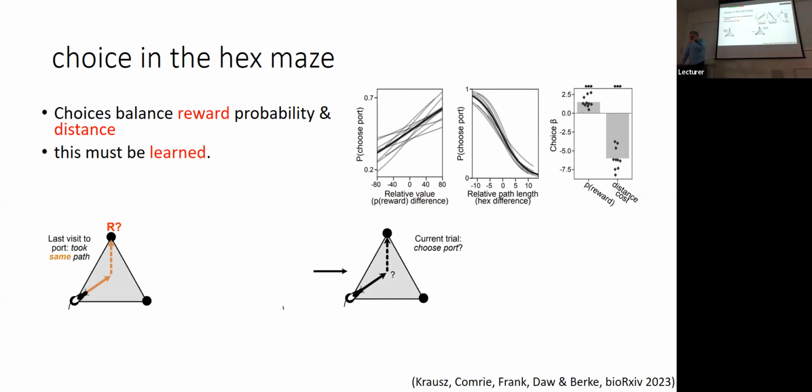One crude way to look at that is to ask, let's say on some trial I go from here to here, and then I get reward or not. If on the next trial I come back here and I can go to here or here, how likely am I to go here again versus switch?